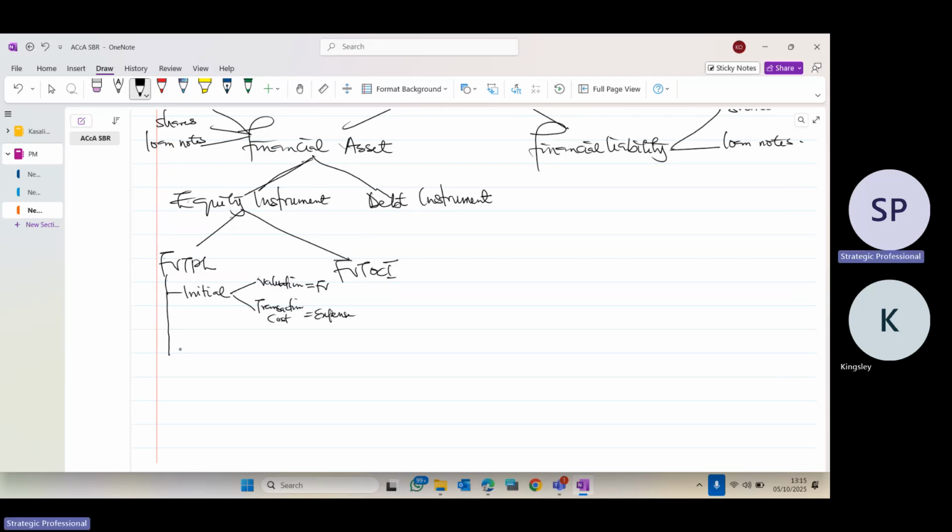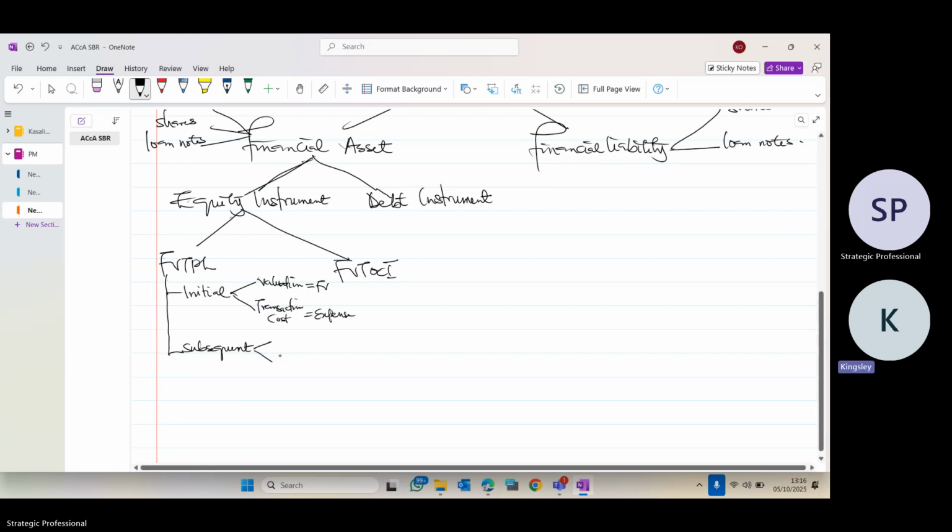Then for our subsequent measurement. Sorry, please, I have a question. Okay, bring it on. You said valuation at fair value, then transaction cost expensed. Valuation, are you talking about the basis at which we measure or where to be recognized? We are actually talking about the recognition.